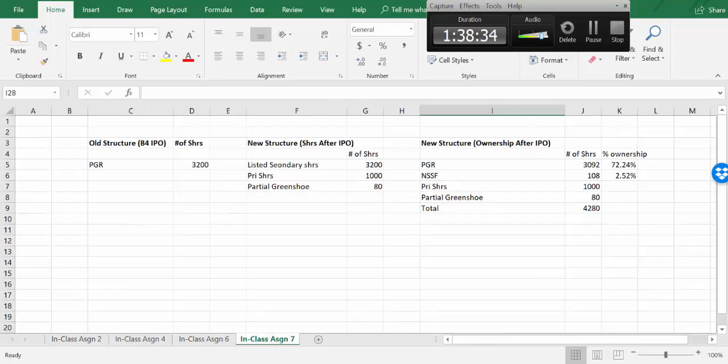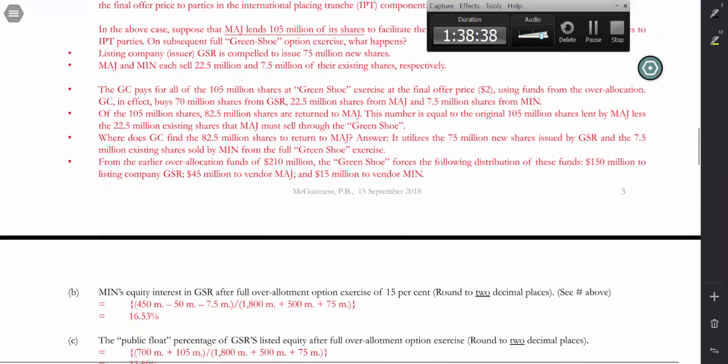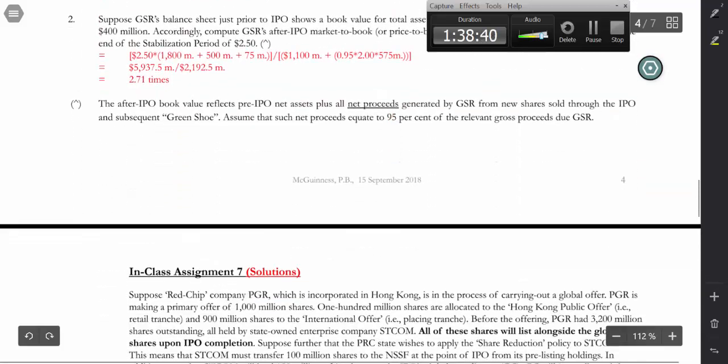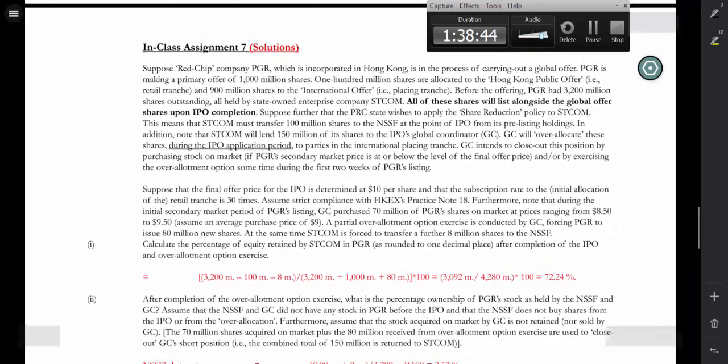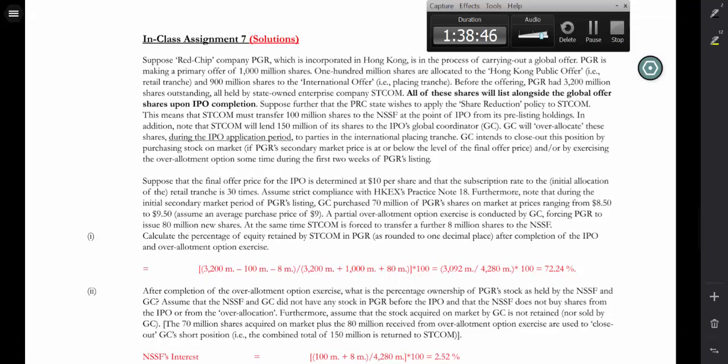Now assignment 7 actually is also quite simple, and so this is when a red chip wants to make a global offer, and there's a primary offer of 1,000 shares.